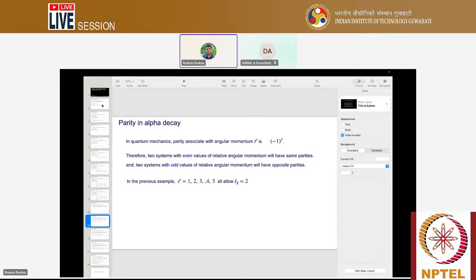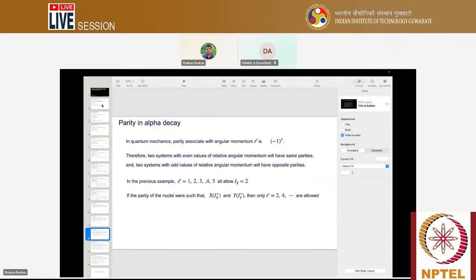So in the previous example, we could take L equal to 1, 2, 3, 4, 5, etc. But now we need to also know the parity of these nuclei, which is also experimentally measurable, and we had talked about it. So you can actually consider this angular momentum and parity.